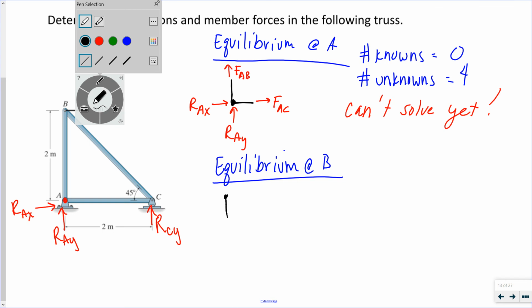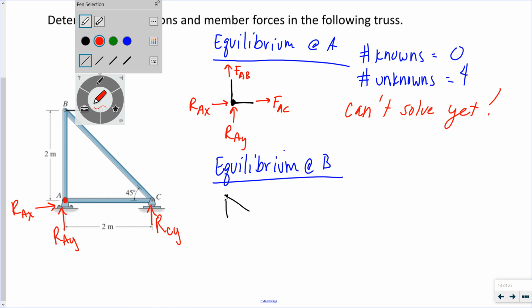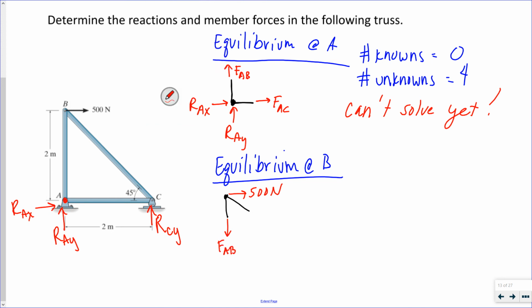I got member AB vertically and member BC diagonally. I have an applied load of, if you can see it, 500 newtons. A force in AB and a force in BC.